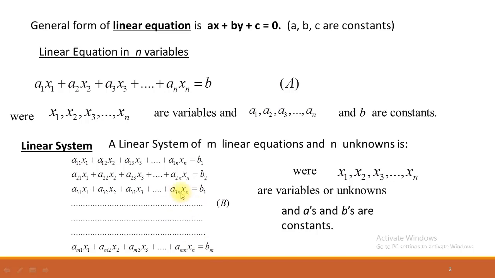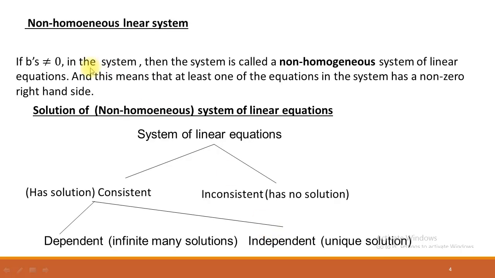In this system, x1, x2, x3 up to xn are variables or unknowns, and the a's and b's are constants. Now dear students, note that there are two types of systems of linear equations: one called homogeneous linear equations and the second called non-homogeneous linear equations.